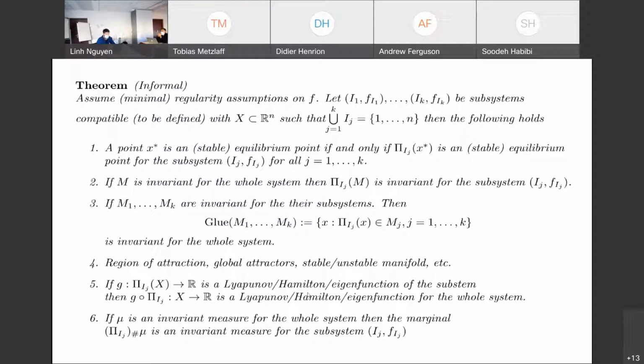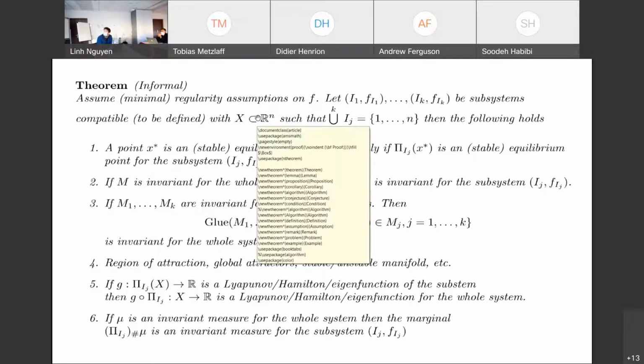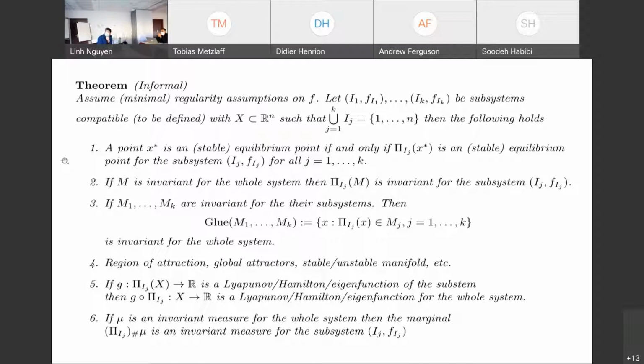So our main theorem informally reads like this. If we have some minimal regularity assumptions on F and several subsystems, then there are some good things that hold. This is a bit long. You don't need to pay too much attention to what is written here. I think the main message is that many objects from dynamical systems decompose according to subsystems.